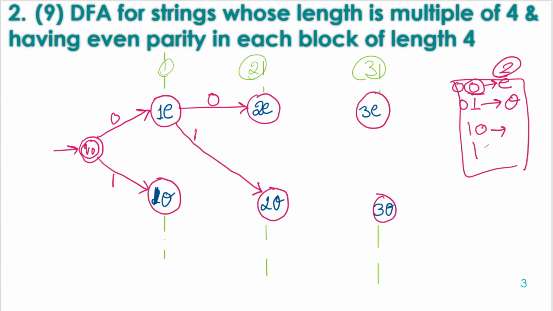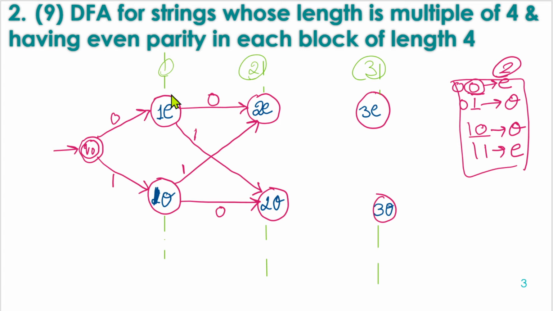On getting a 0, the parity is still odd, and on getting a 1, the parity changes to even. So for 1 we need to move to this state with length 2 and even parity, and for 0 we need to move to this state with length 2 and odd parity.